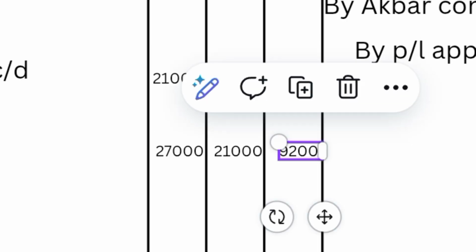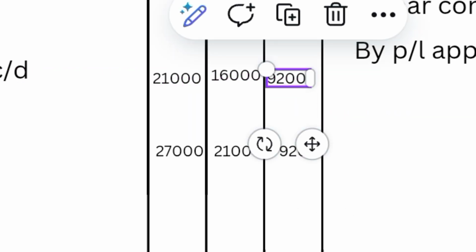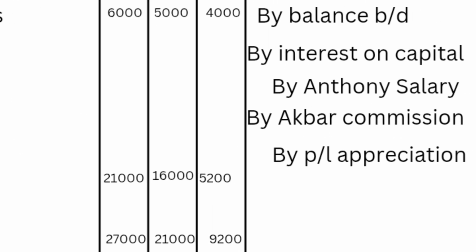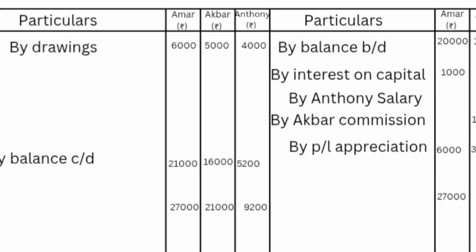And if we subtract 4,000 from 9,200, we get 5,200. If they said you have to prepare the balance sheet, we would transfer this amount, but in this question they didn't mention any balance sheet, so we leave it like this.